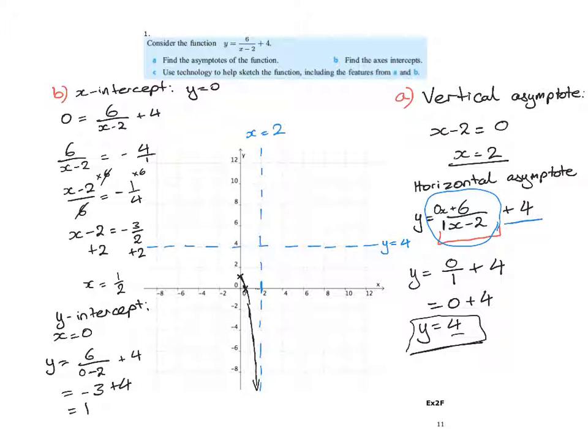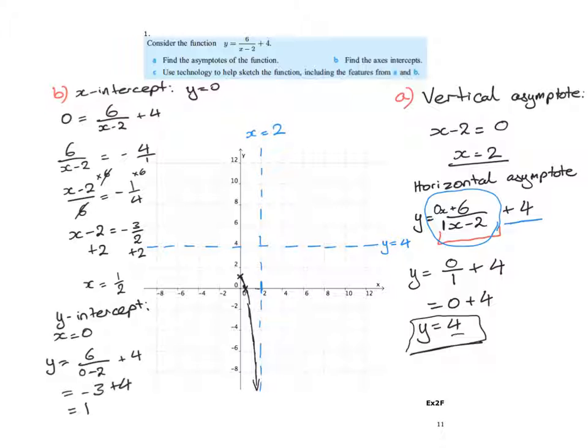But hopefully you realize that whenever we get close to a vertical asymptote, we're either approaching positive or negative infinity. So given that we're going in a downwards direction from the y-axis to the x-axis, it makes sense that we would continue this downwards motion and go to negative infinity.